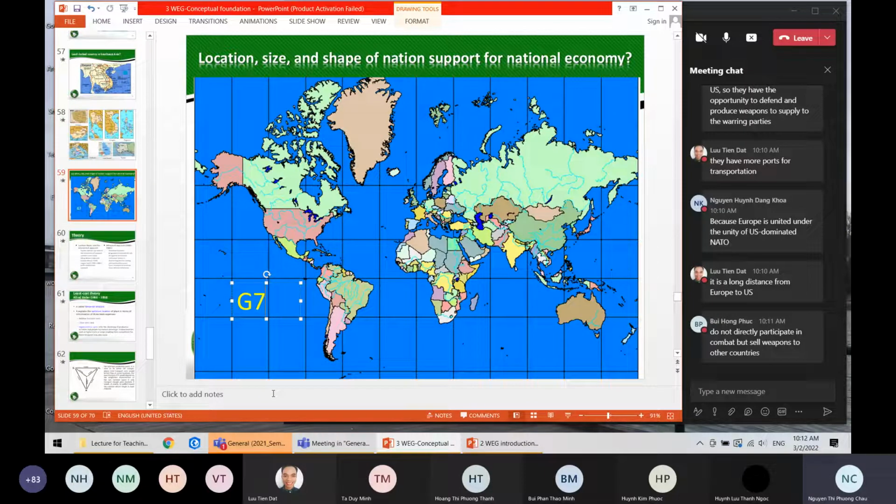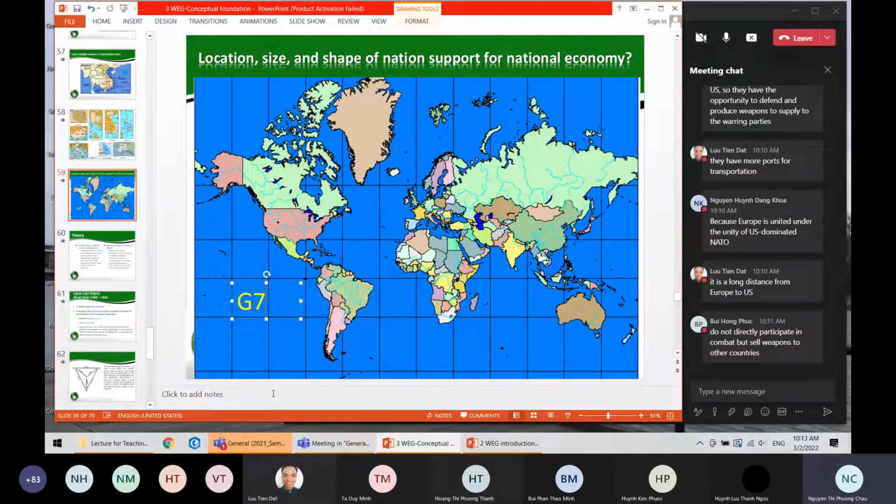But the thing is that the U.S. was not only influenced by the World War, but the U.S. sold weapons and support for World War One and World War Two. It means that before World War One and World War Two came, the U.S. had created new weapons. Yes, and other nations had no new weapons. Then they had to buy from the United States.